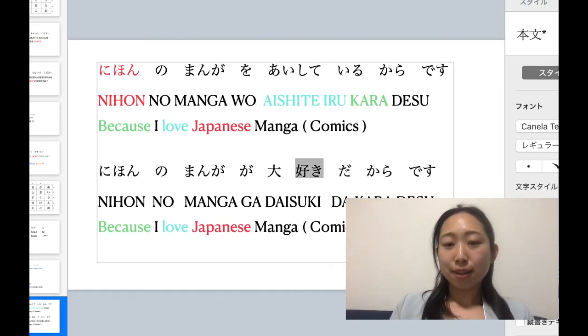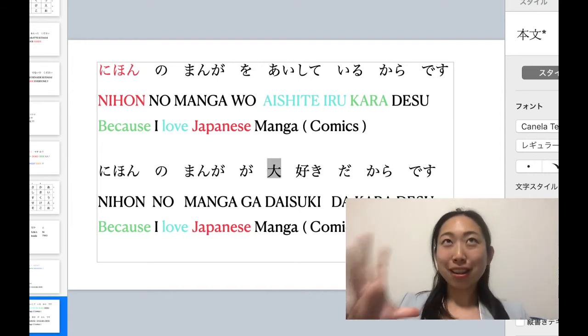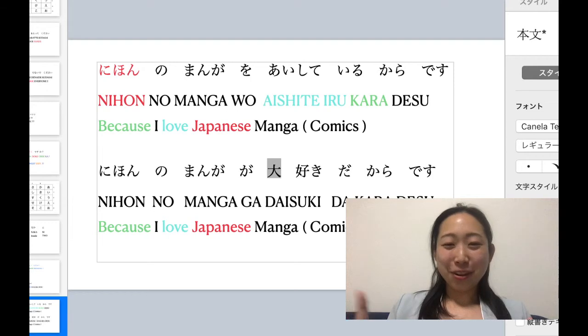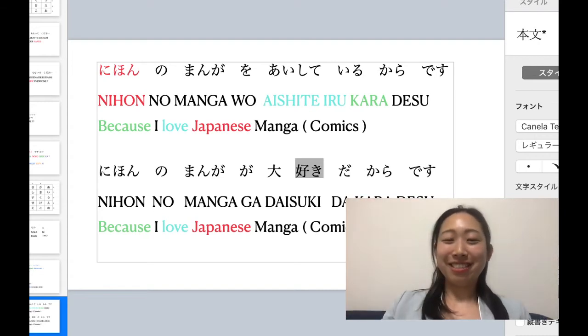And 大 means big, bigger, a lot. So you can just emphasize 好き a little bit more stronger. 大好き.